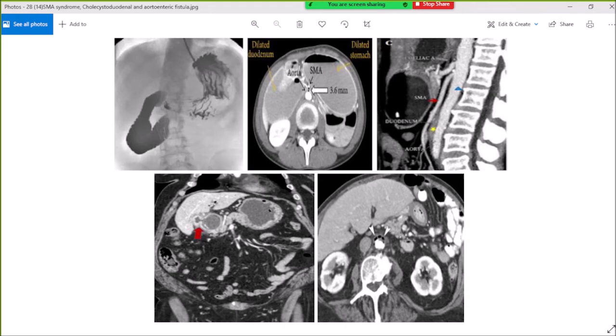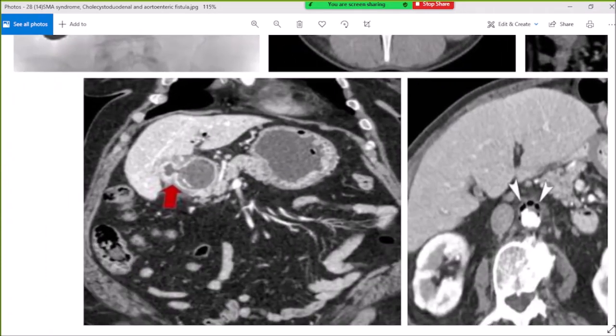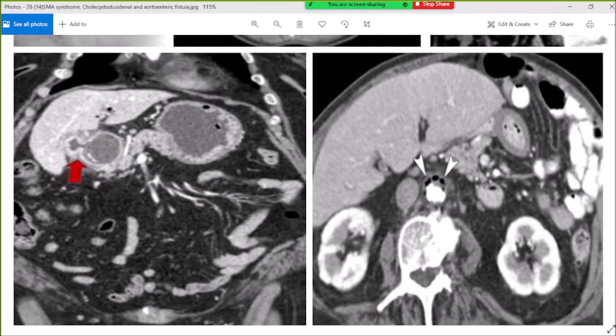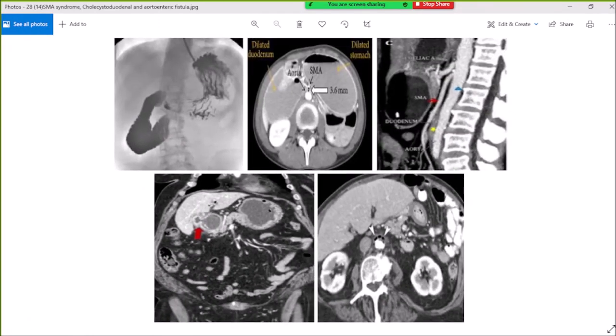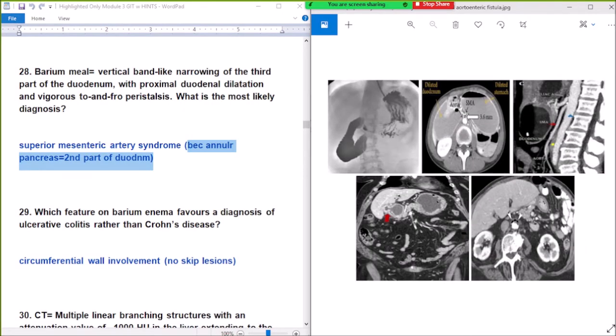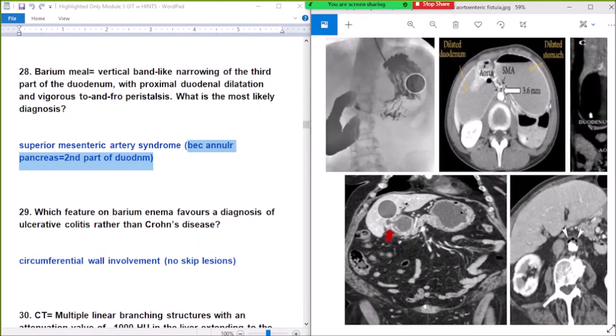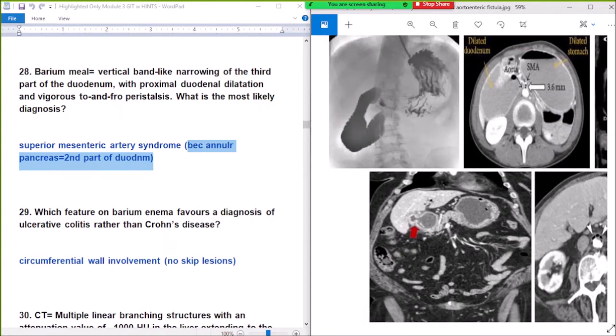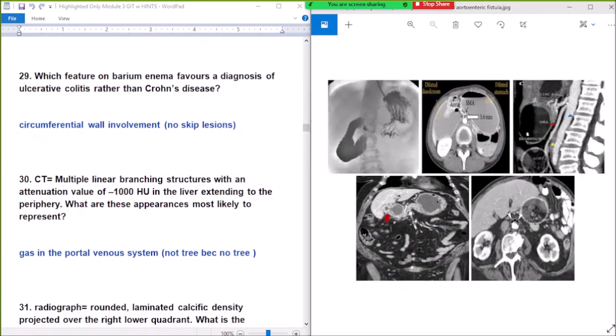This is cholecystoduodenal fistula, a fistula between duodenum and biliary tract, and this is aortoenteric fistula, a fistula between aorta and the bowel loop. Barium meal shows vertical band-like narrowing of the third part of duodenum with proximal duodenal dilatation and vigorous to-and-fro peristalsis: superior mesenteric artery syndrome.